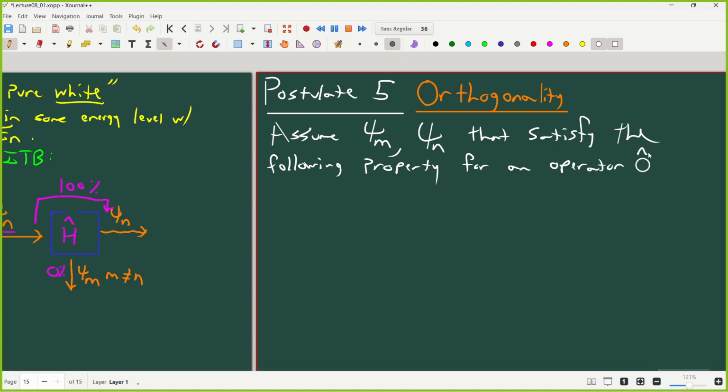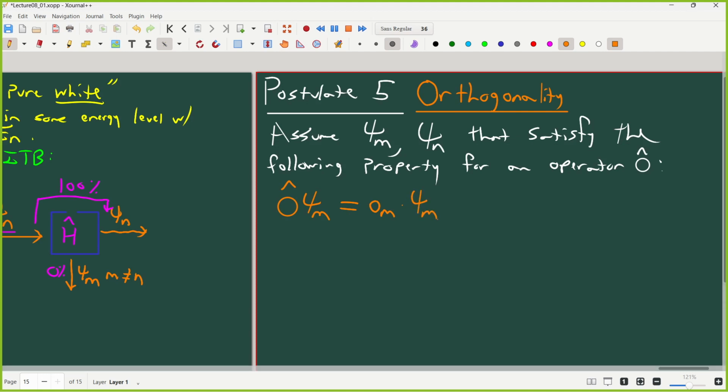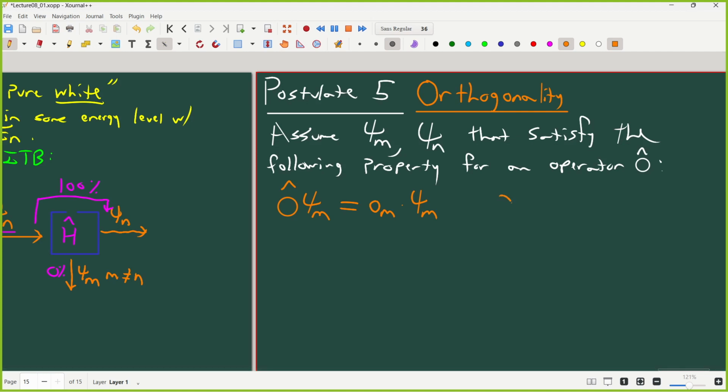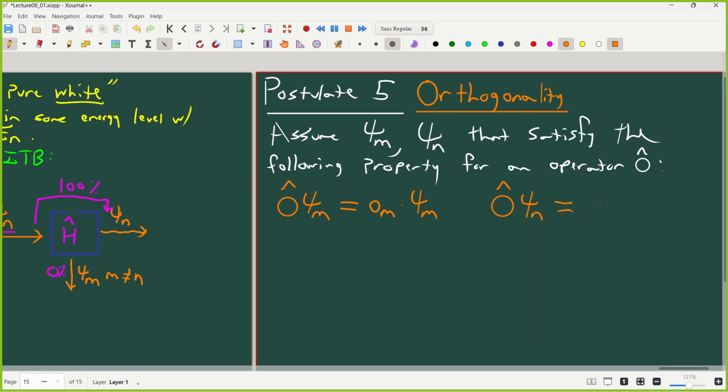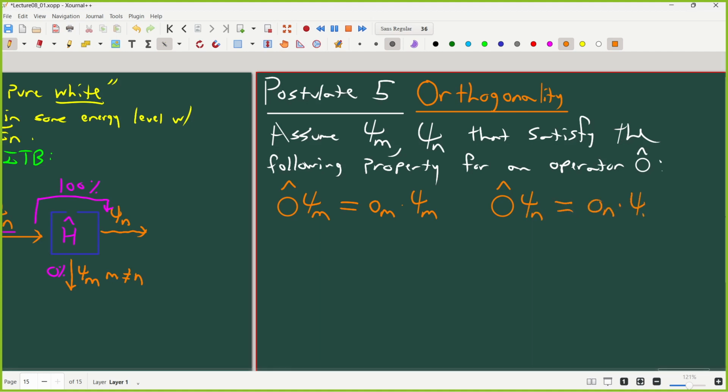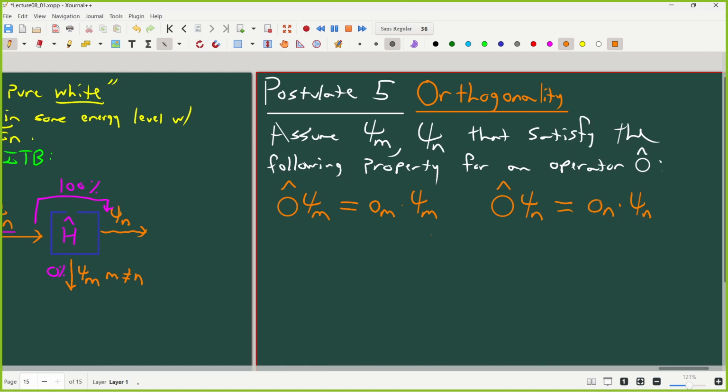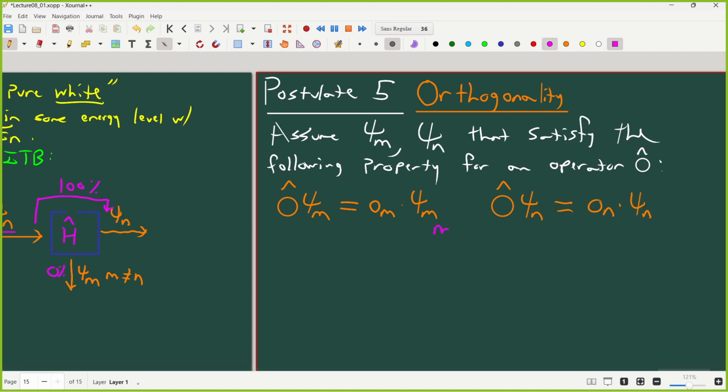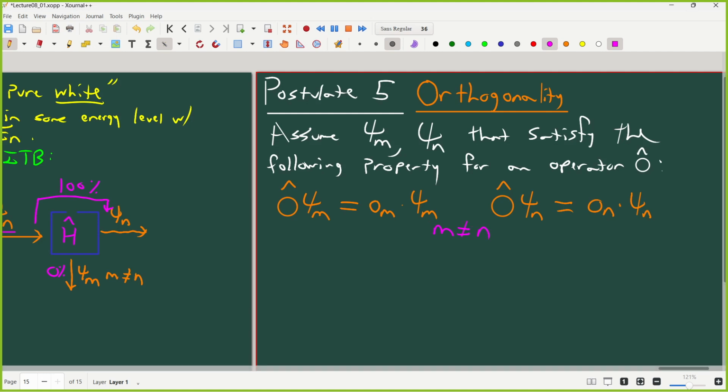So some generic measurement O. And the thing that needs to be satisfied is that when O operates on psi m, we get a real number back times psi m, right? That's an eigenvalue. This just means we satisfy the quantum measurement theorem, the eigenvalue equation. And that O applied to psi n gives you a different number times psi n, where m is not equal to n. That's the most important thing here. It's not equal to m.